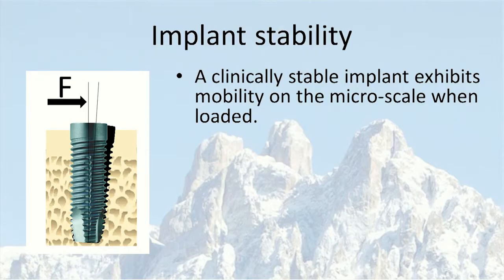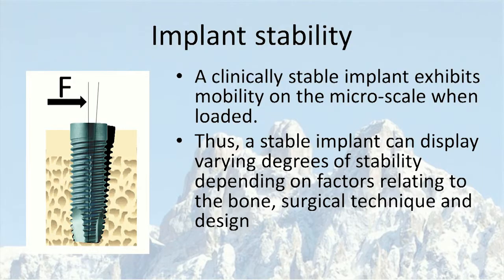So imagine that we are pushing an implant with a certain force in a lateral direction. This means that the implant will move in the bone. There will be some degree of displacement. And when this load is taken off, the implant will go back to its original position.